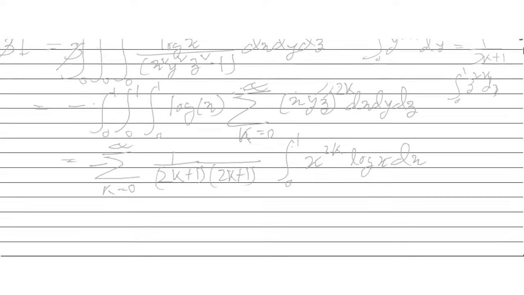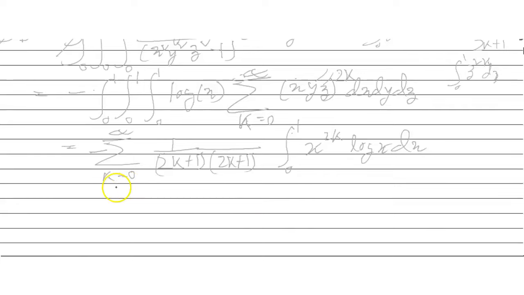So friends, when you see the log x, then you will work this way: summation k equals to 0 to infinity 1 by 2k plus 1 into 2k plus 1 into differentiation with respect to s, where s is equal to 0.